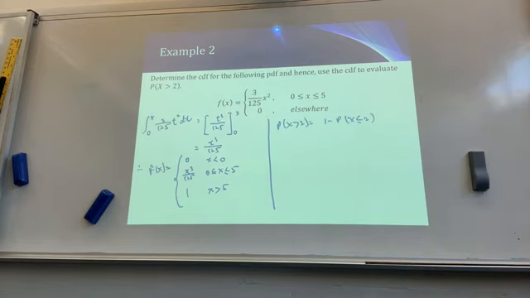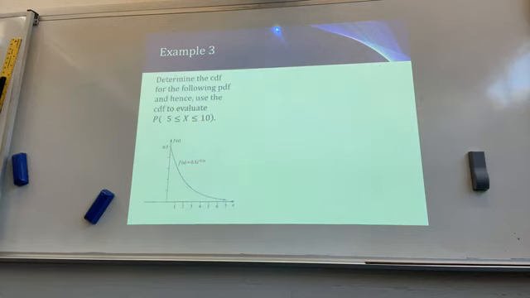So use the complement. If it is greater than, it's 1 take away x less than. It's 1 minus F(2), and you can work that out. It's 117 over 125.